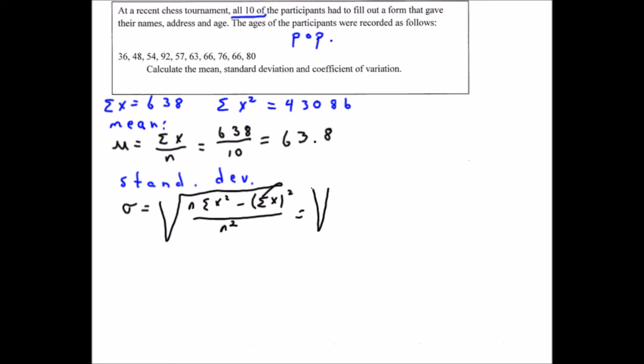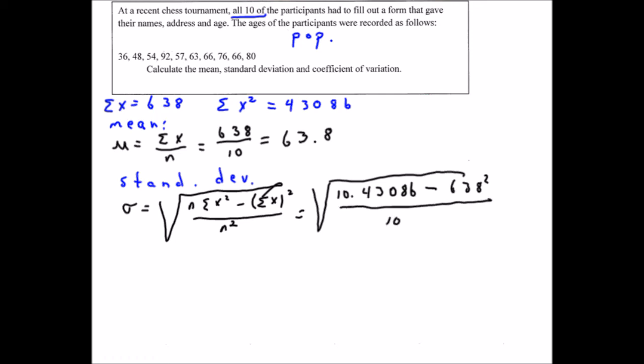Substituting this into our formula, we have every one of those values. N is 10. We have the sum of the x squares, which is 43,086, minus our 638 squared. And the sum of the x's squared is not the same as the sum of the x squares. Those are two different items.